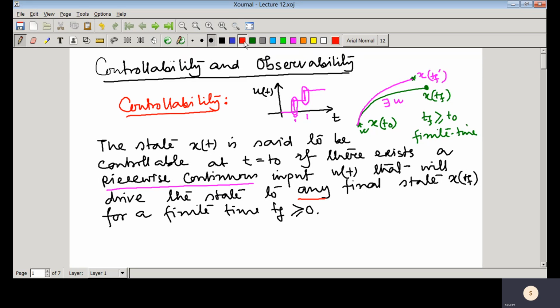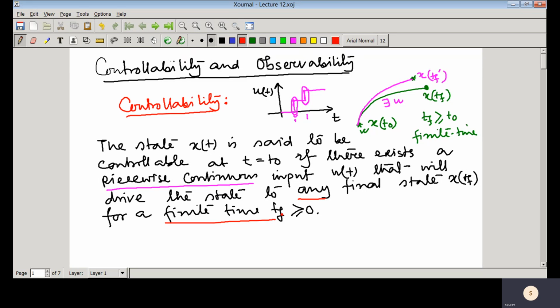That is also an important term, within a finite time, because it might happen that there exists one input but it takes infinite time, so it is not controllable. So few things you need to remember. A state is said to be controllable if there exists a piecewise continuous input u(t) such that a state can be steered or driven from one point to any point within a finite time. So this is called controllable.